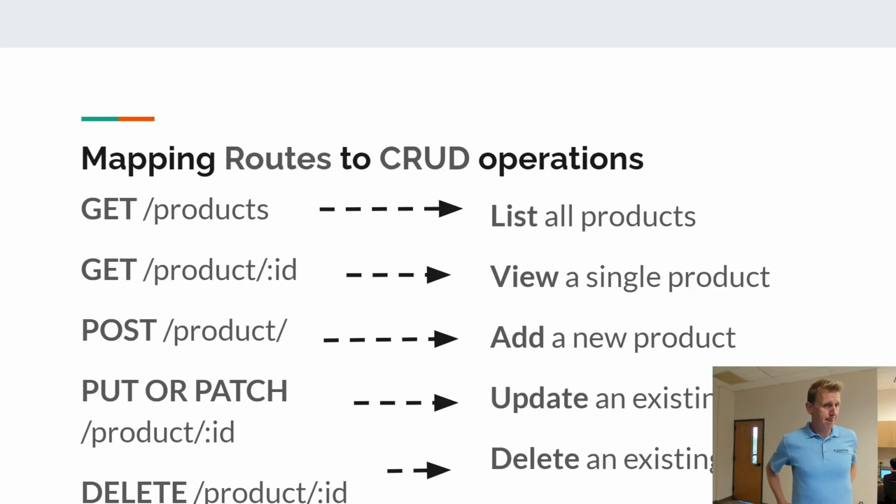So, if we're working with products, what might this look like? Well, if we run a GET operation on /products, this would be a list of all of our products. Now, GET /product/ID is a single product.